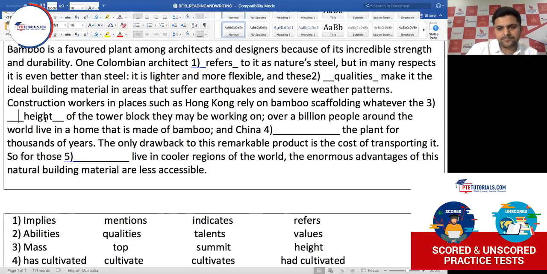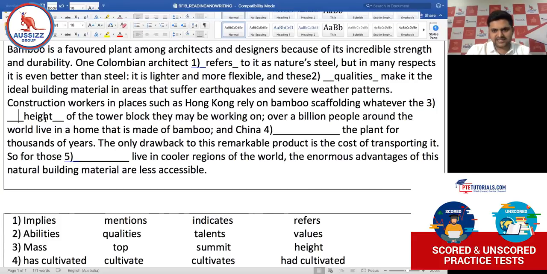But now look at the overall meaning of the entire passage. They're talking about a period that China was doing it for thousands of years, but it is still doing it. So we are referring to a period of time that is still continuing.